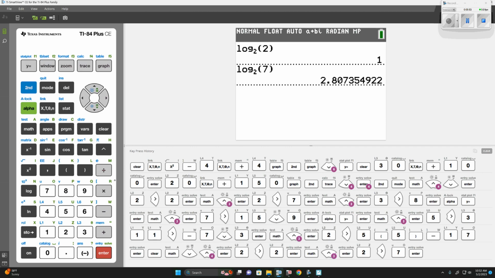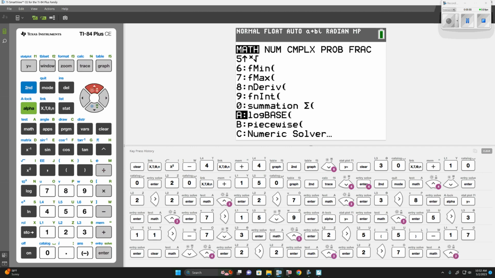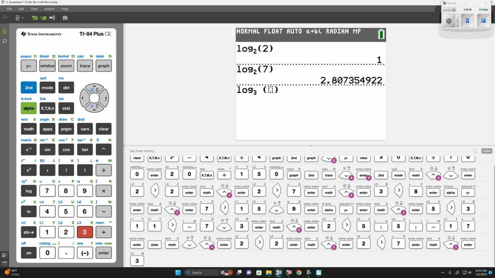In the graphing calculator, we can do math, log base 3 of 8 and get 1.893.